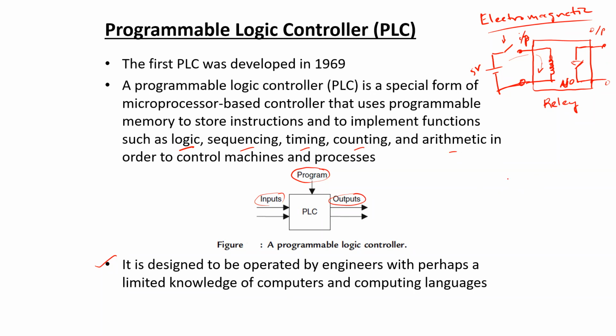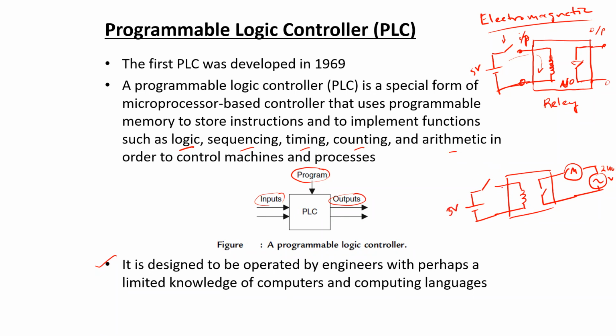For example, at the output side, maybe there is a motor which is going to operate on an AC signal, suppose of 240 volts, and on the input side there is a switch and a 5-volt source.